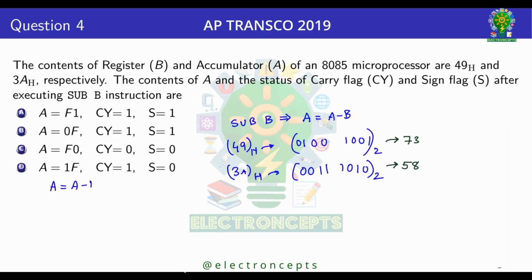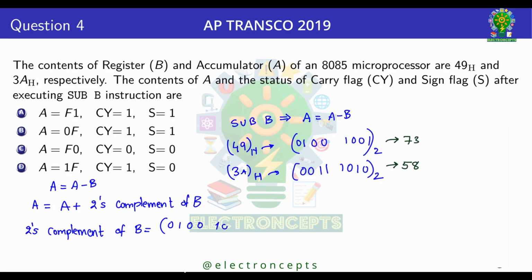For A is equal to A minus B, A is equal to A plus 2's complement of B, taking complement of each binary value and then adding 1, which is 0 1 0 0 1 0 0 1, complement plus 1, which is equal to 1 0 1 1 0 1 1 0 plus 1, which is equal to 2's complement of B is 1 0 1 1 0 1 1 1 in binary value.